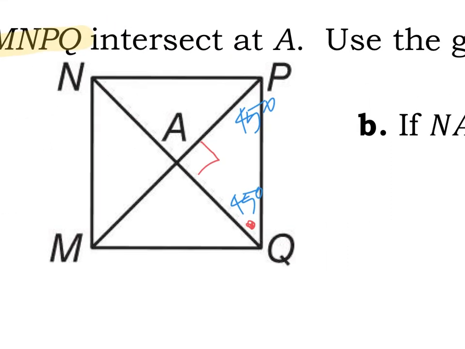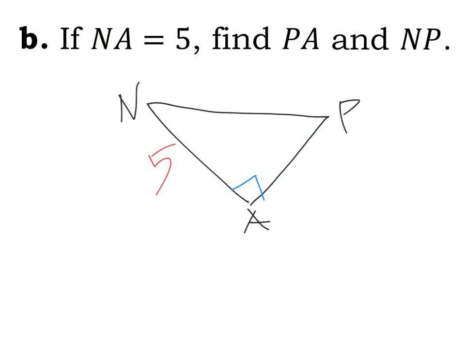On example B, it says if NA equals 5, find PA and NP. So if NA is 5, I can stick a 5 right here. Find PA and NP. So let's just redraw this triangle right here. Okay, so we know there's a right angle at the bottom of the triangle there where angle A is, and we also know that the other angles inside the triangle are both 45-degree angles.